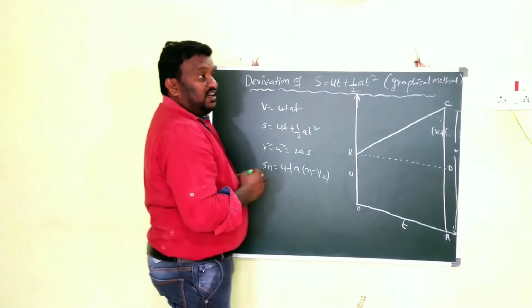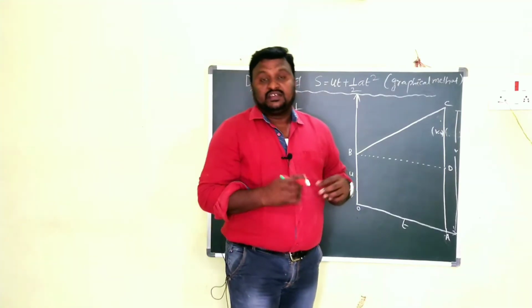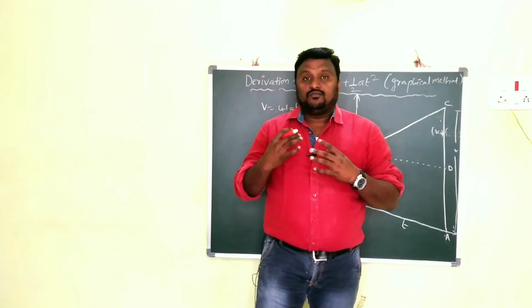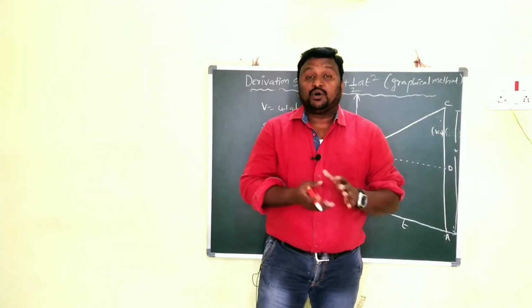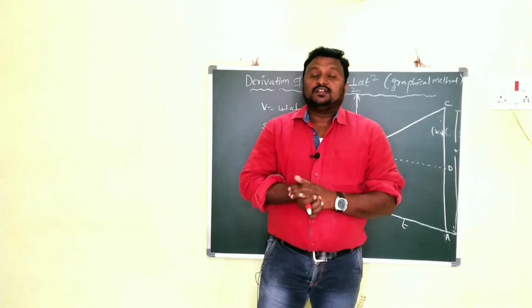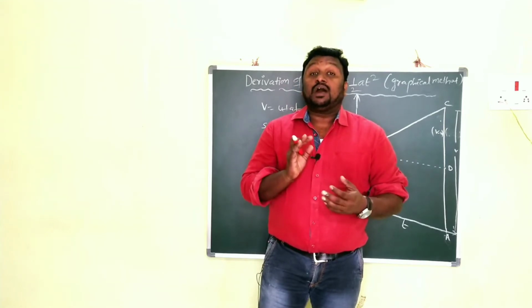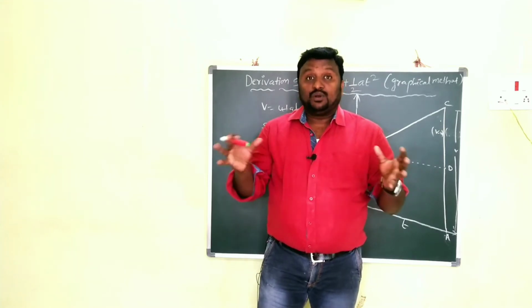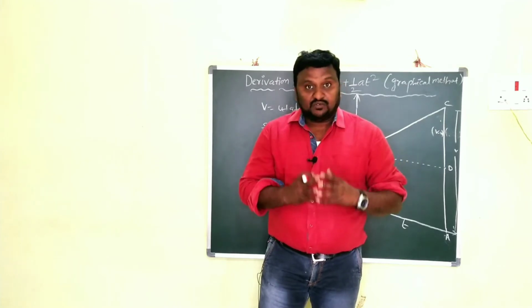So these are the equations of motion. These equations are valid when the body is moving with uniform acceleration. Only when the body is moving with uniform acceleration are these equations valid.